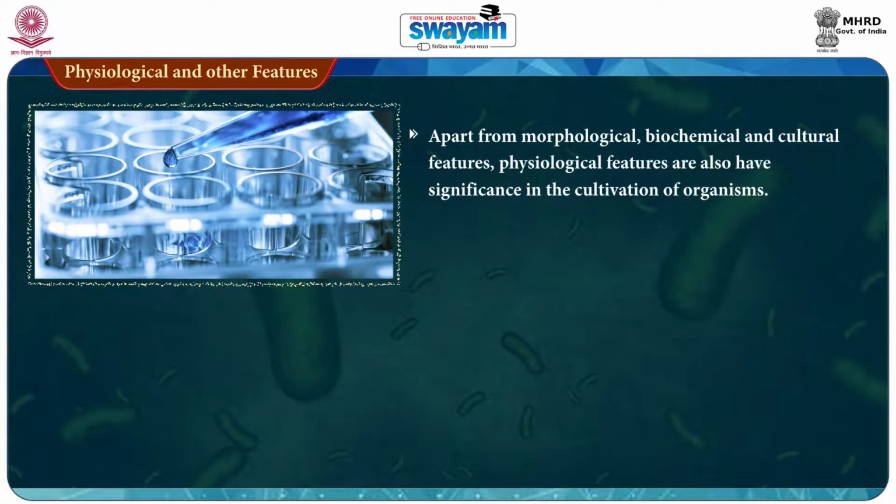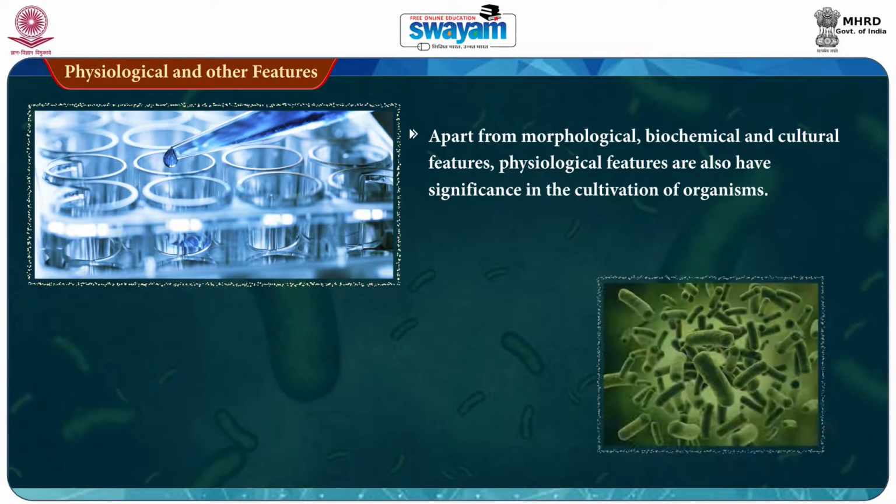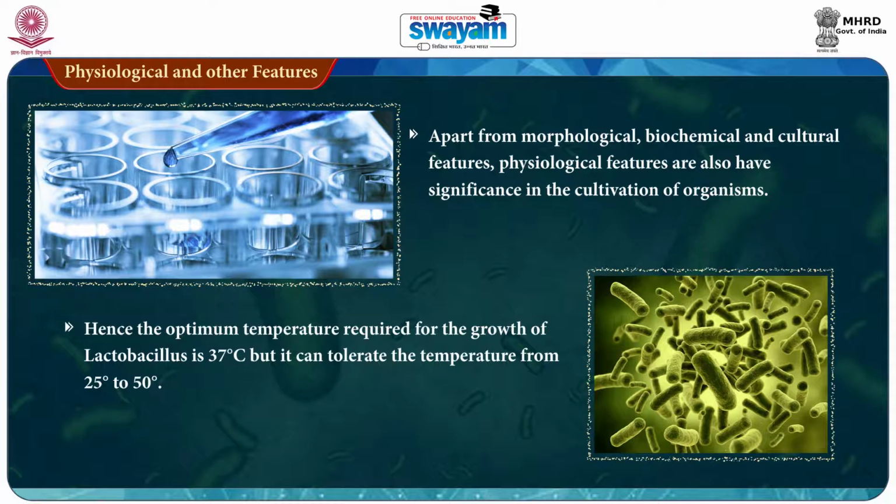Apart from morphological, biochemical and cultural features, physiological features also have significance in the cultivation of organisms. Hence, the optimum temperature required for the growth of Lactobacillus is 37 degrees Celsius, but it can tolerate temperatures from 25 to 50 degrees Celsius.